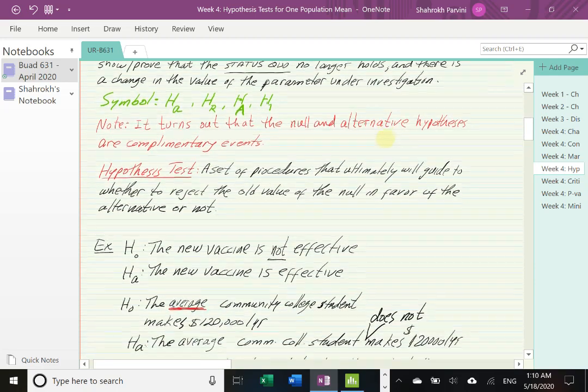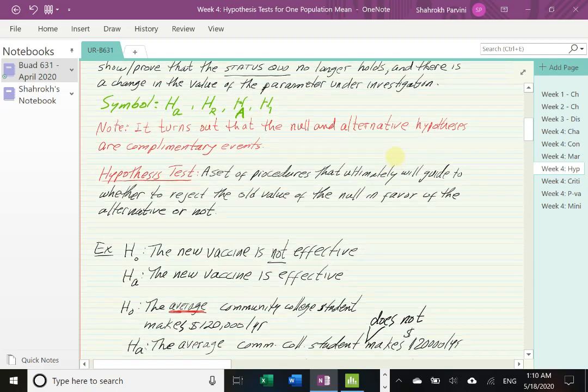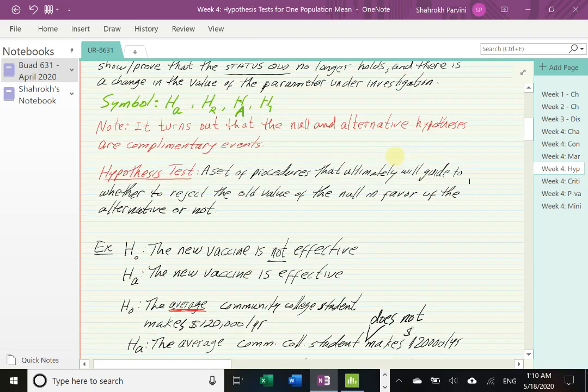Now here I have some examples of null and alternative statements. The first example reads, the null says the new vaccine is not effective, and the research wants to show that the vaccine is effective. The null is, remember, the status quo here. The status quo means the vaccine is not going to do anything, so things are the way they were before this vaccine was proposed.